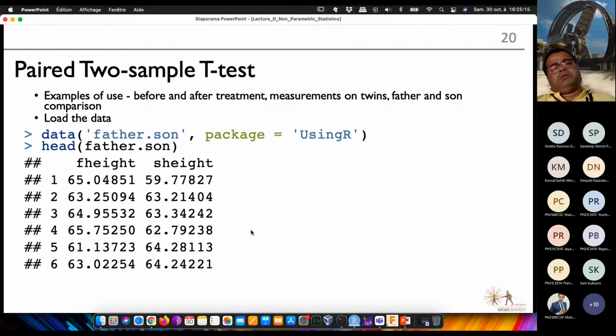Typically fathers and sons, or twins, are measurements on pairs.